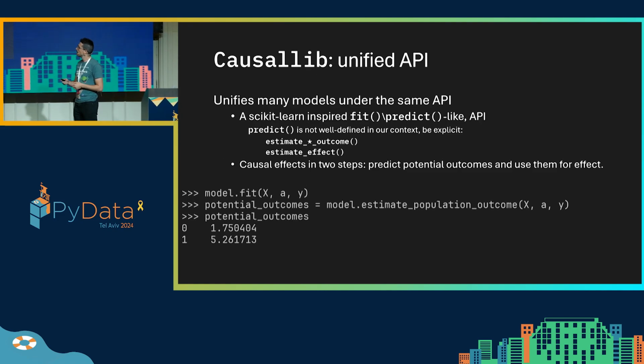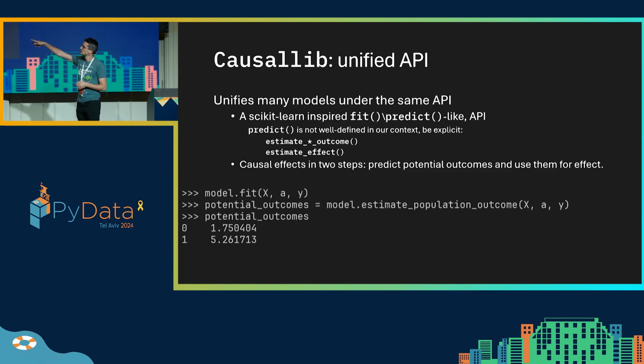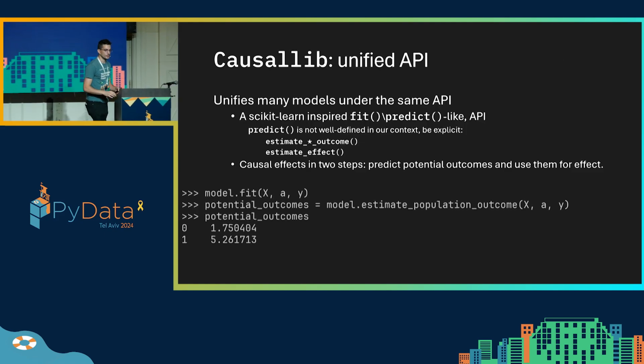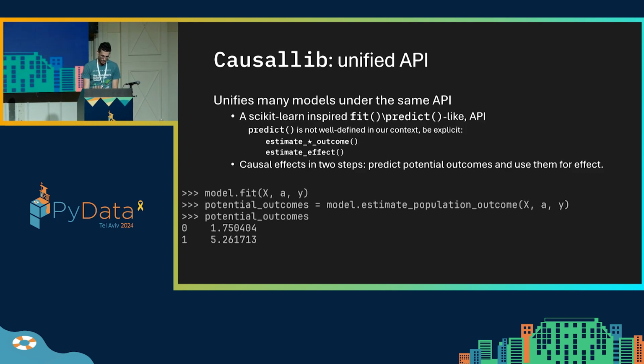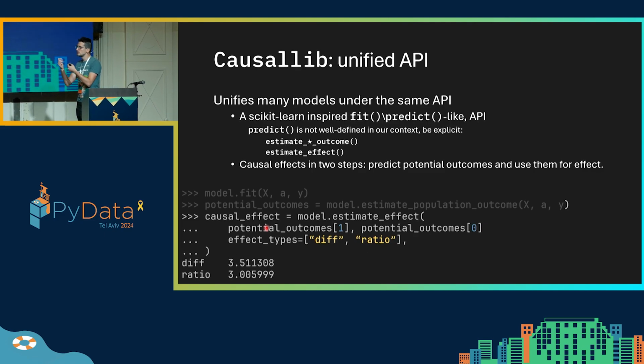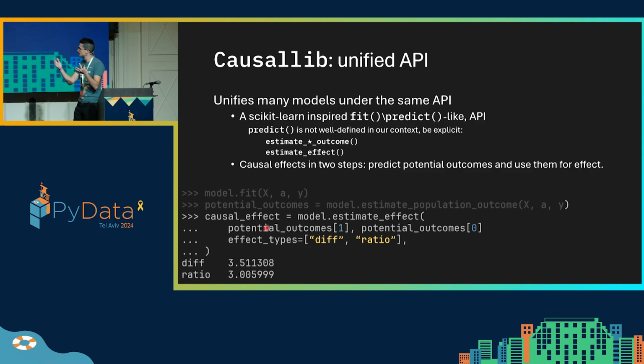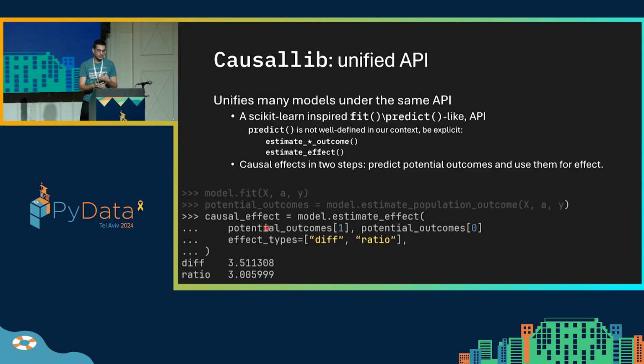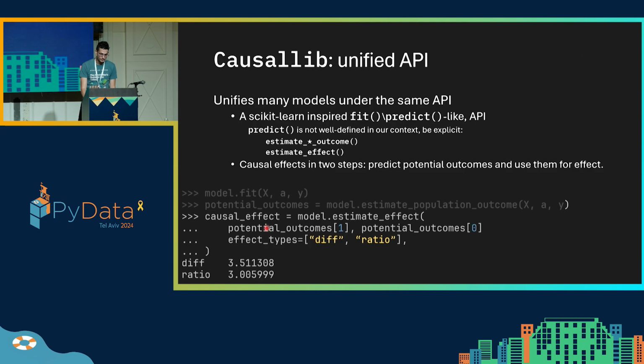So we first fit the model with the data that we have, and then we make the prediction. What will be the outcome had everyone been treated? What will be the average outcome had no one been treated? And then once we have those potential outcomes, any contrast between them is what we usually call a causal effect. So we can take the difference, or we can take the ratio, or whatever.